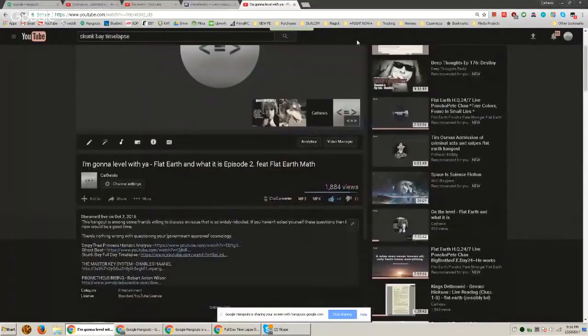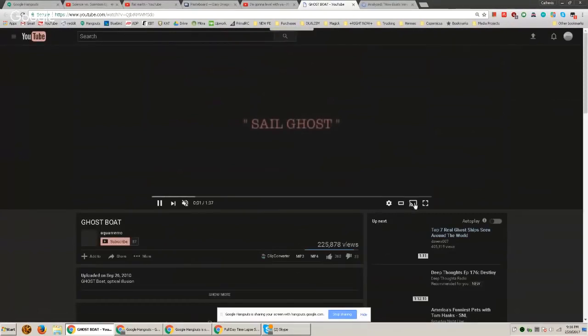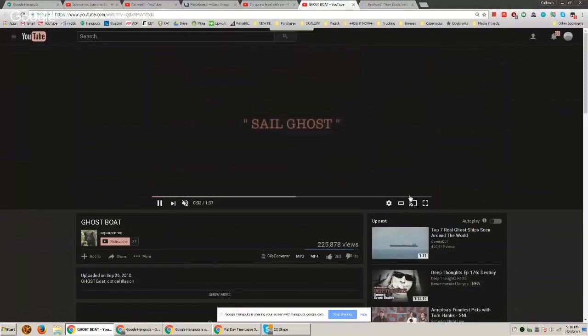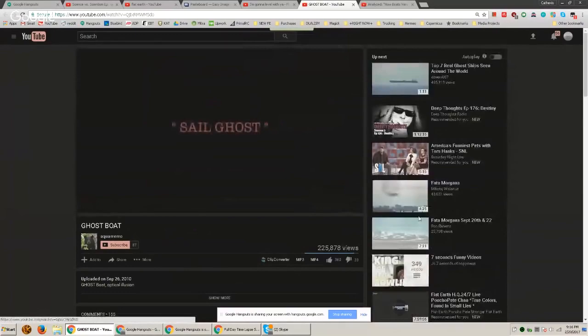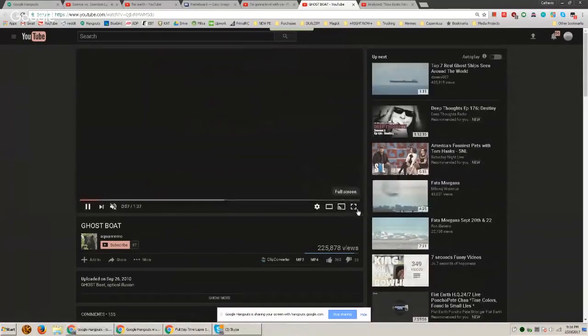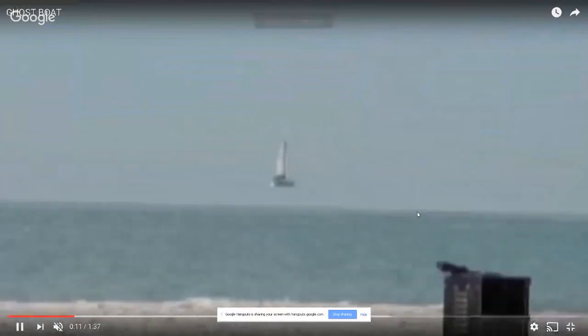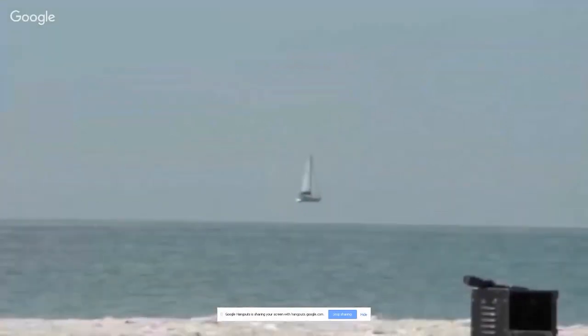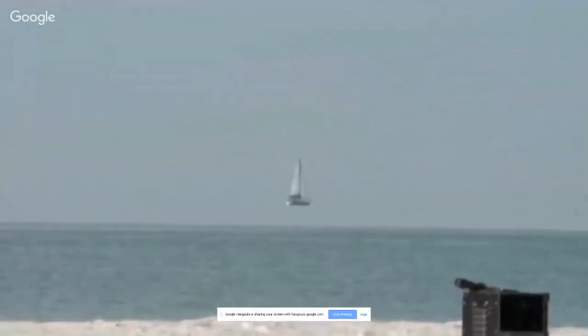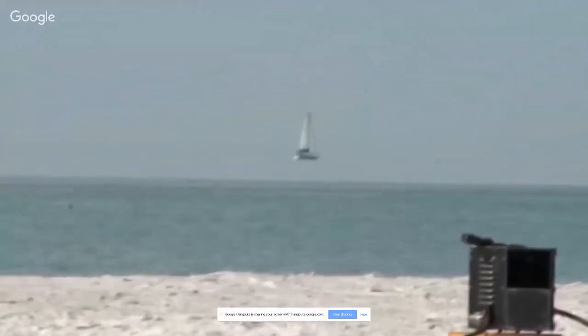Where's the other one? Here's another one real quick. I want to show you this other one called the Ghost Boat. 1 second, guys. Take a look at this refraction effect. Oh, I've seen that before. It's real.